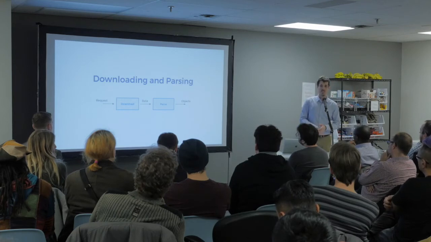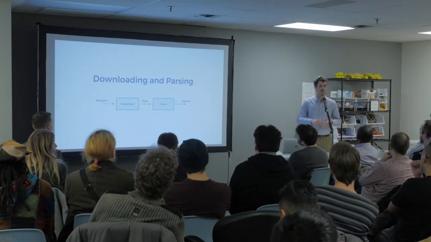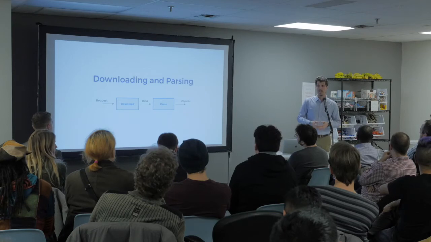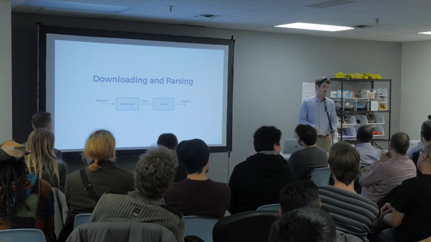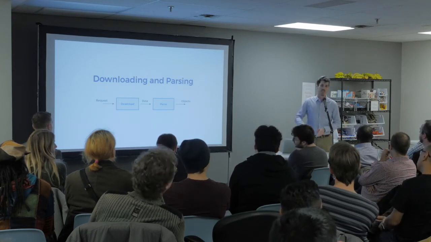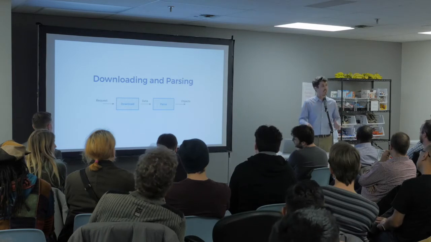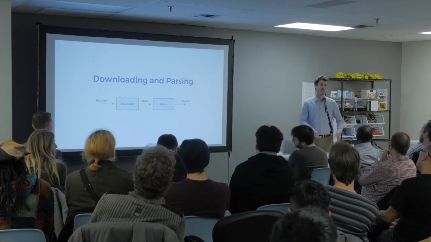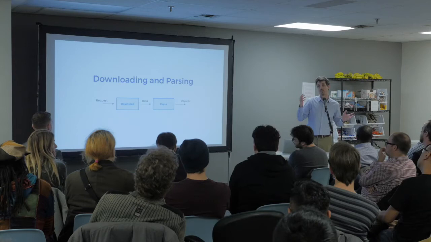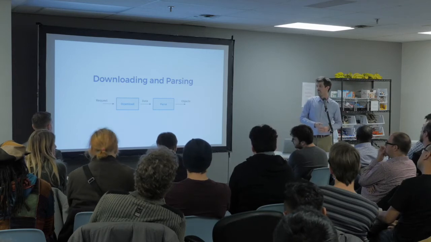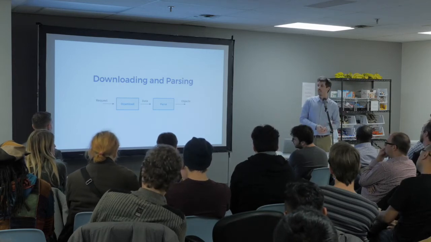So you can have a download operation that downloads, for example, images and saves them to disk. Or you could have a parse operation that parses a JSON file that's on disk and then loads it for your testing suite, for example. These are both useful in and of themselves.